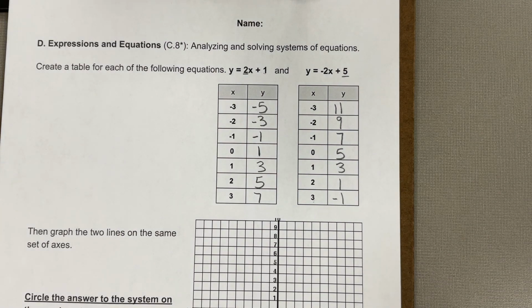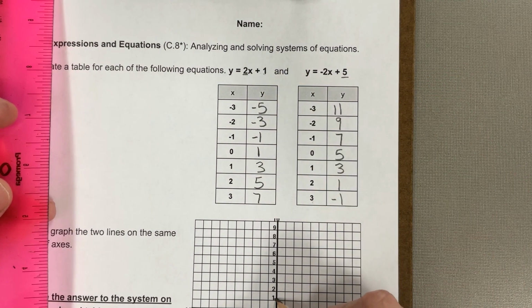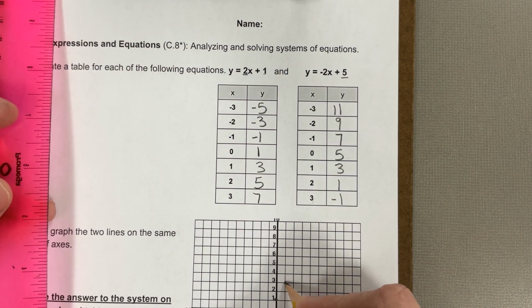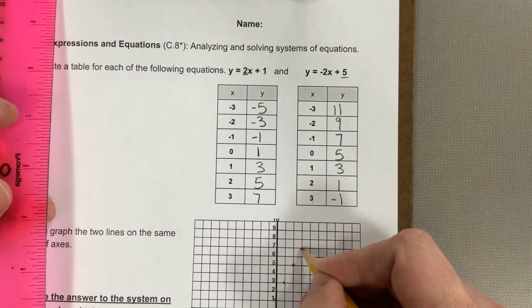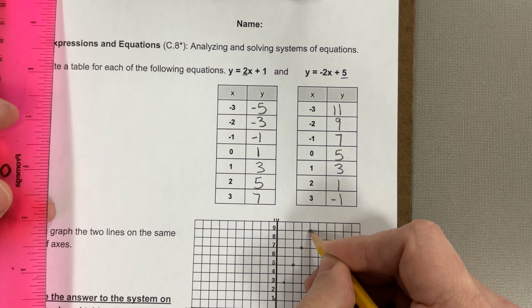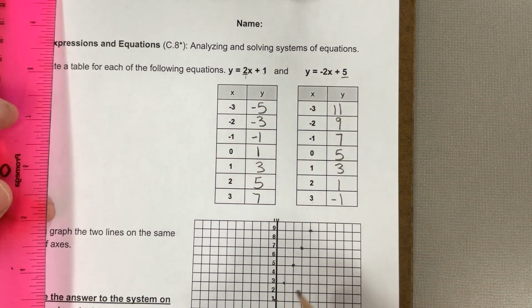So then it says, then graph the two lines on the same set of axes. So let's do this one first. I've got a 1, and I know it's up 2 over 1. Up 2 over 1. Up 2 over 1. Because remember, it's 2x, but it's really 2 over 1.